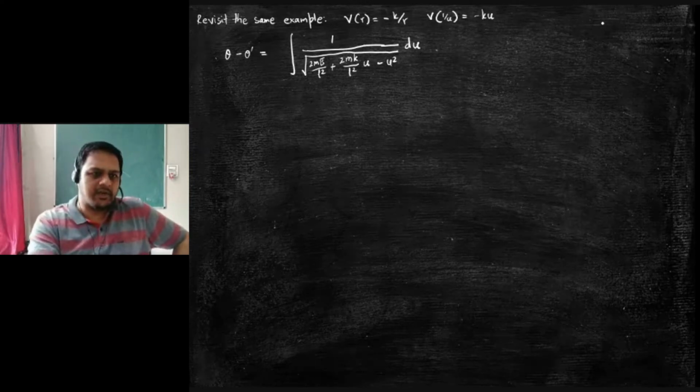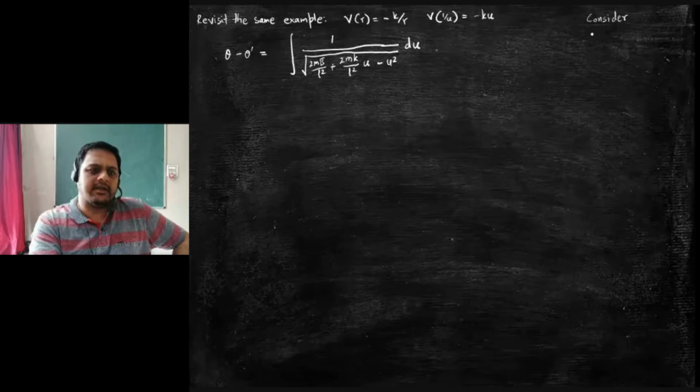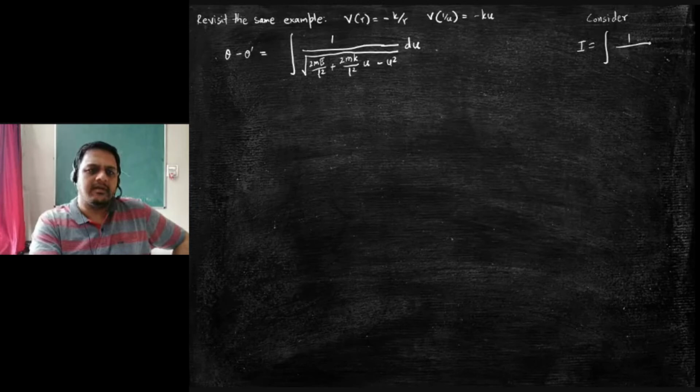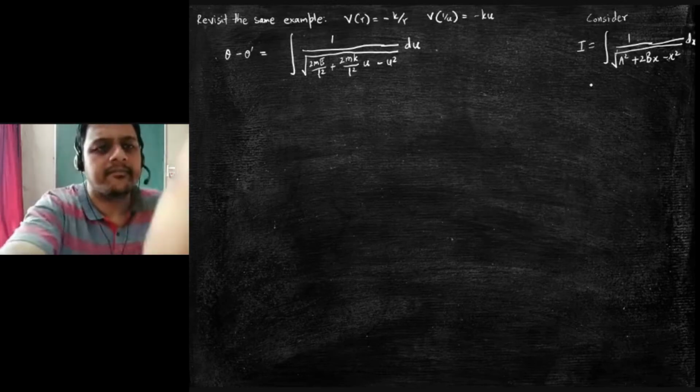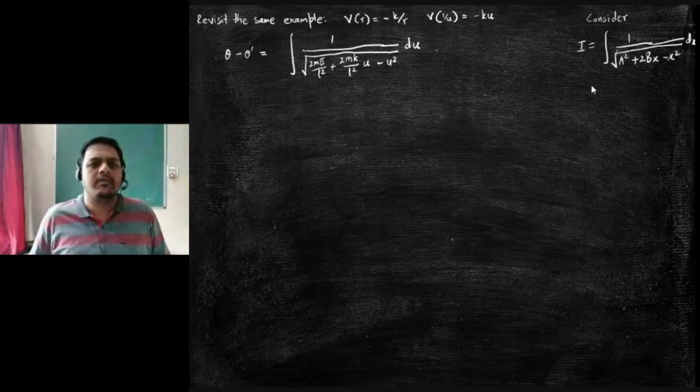This is analytically doable. Consider this. See, let me do an aside on the side of the board. Consider an integral of this format. Let me call it the integral I is equal to integral 1 over square root of, let me call it this way, a square plus 2bx minus x square. How will you do this thing?